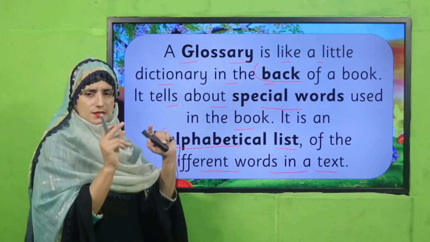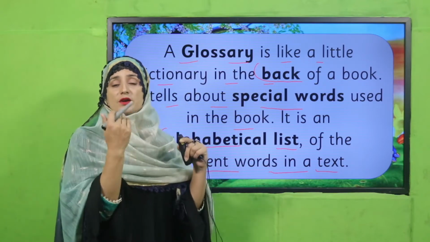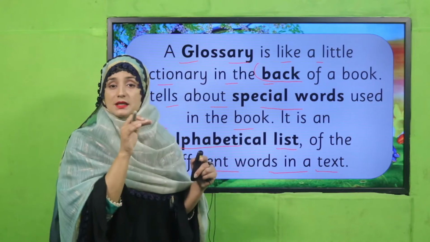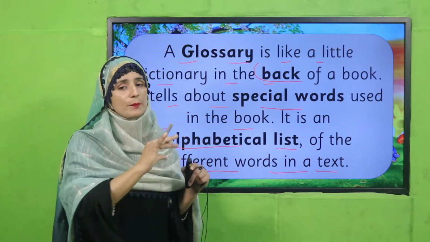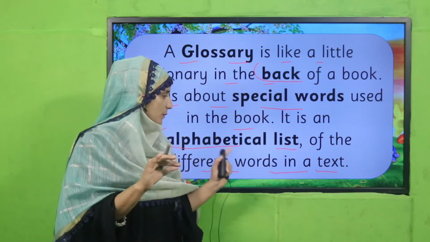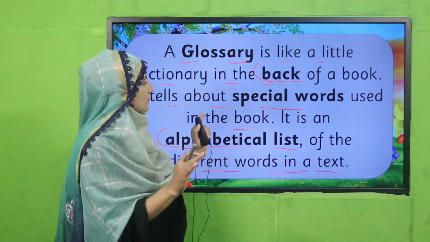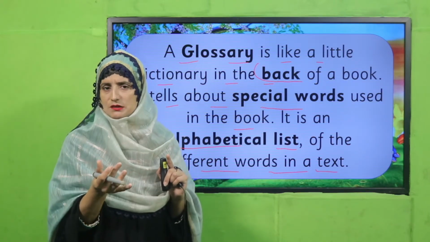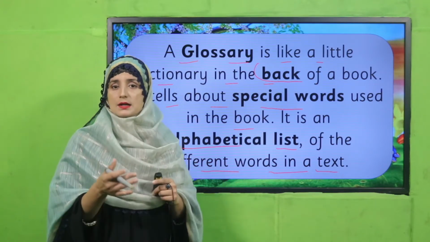It is also like a short dictionary, but it helps you with the related words that are used in your complete book. This glossary is always arranged in alphabetical order, and we will find these special words, meaning difficult or new words, easily at the end of the book.